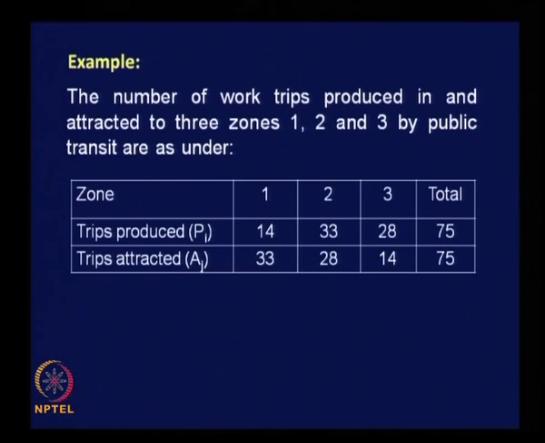Zone 2 produces 33 trips, attracts 28 trips, and zone 3 produces 28 trip ends in fact and attracts 14 trip ends, and the total of the trip ends produced and attracted are 75 each. This information is given to us. These trip ends pertain to trips made for work by public transit.